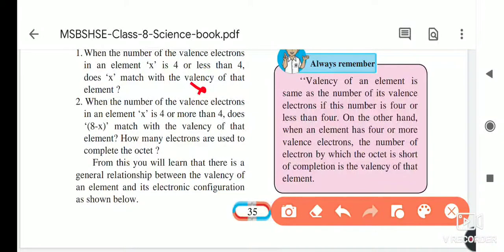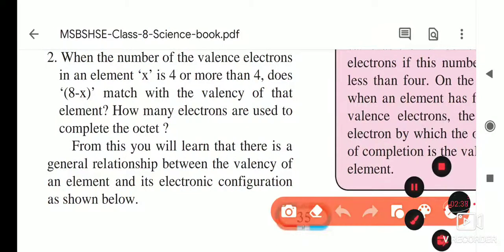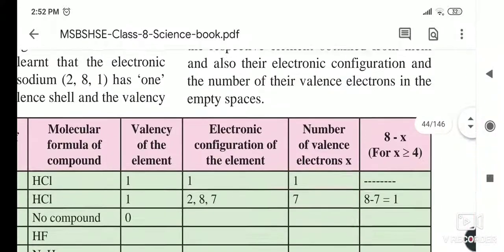Second, when the number of valence electrons in an element X is 4 or more than 4, does it match? No, just as we saw above. What do we have to do? We have to subtract it from 8, and for that the formula is written.